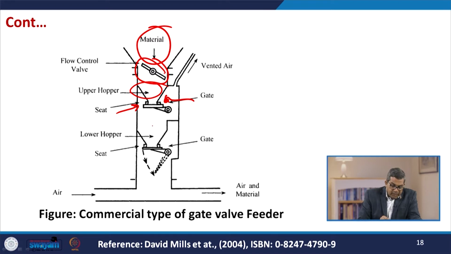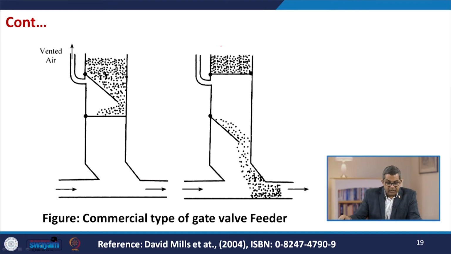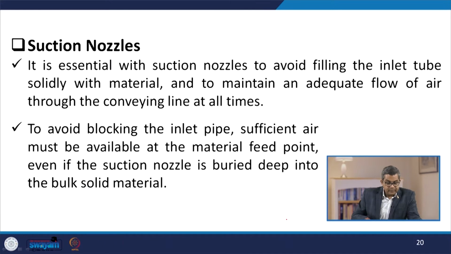Here you have another lower hopper equipped with a seat and a gate, and the material with the air comes out this way, and you are feeding the air supply in a counter current fashion, and all the vented air comes out. Now this is the cross section where you see the material flow channels. This is the vented air, here the air supply, and you get the material in a similar fashion.